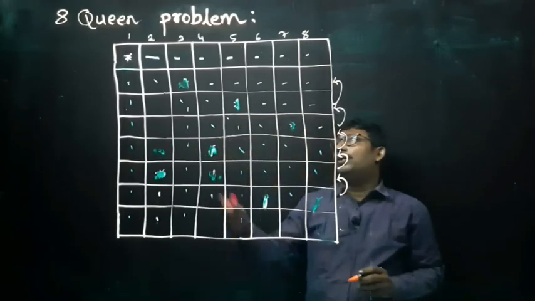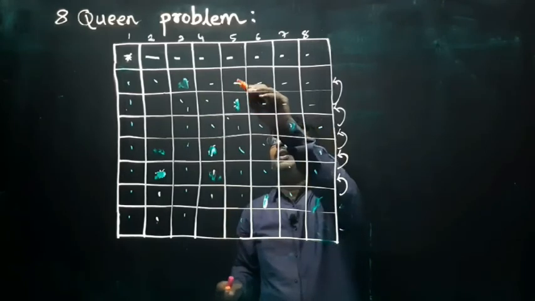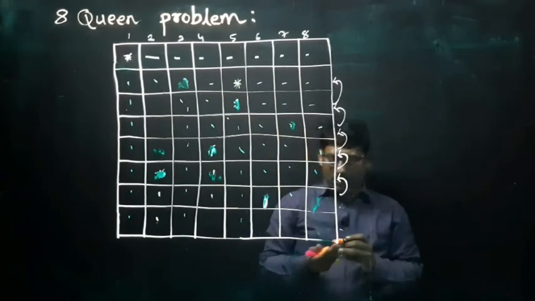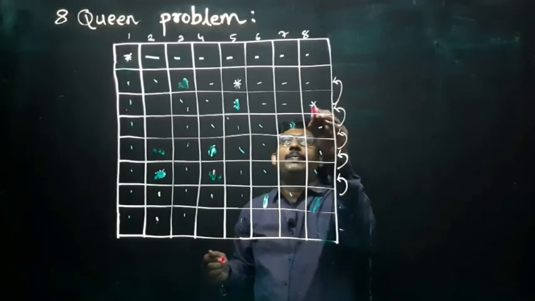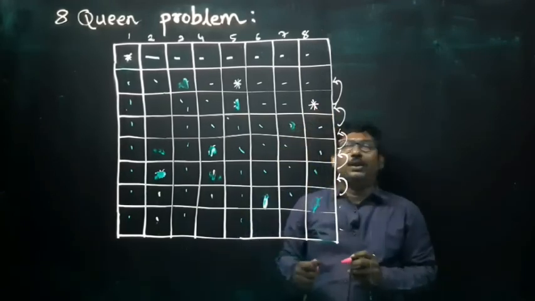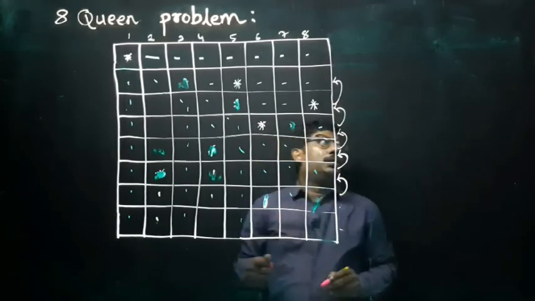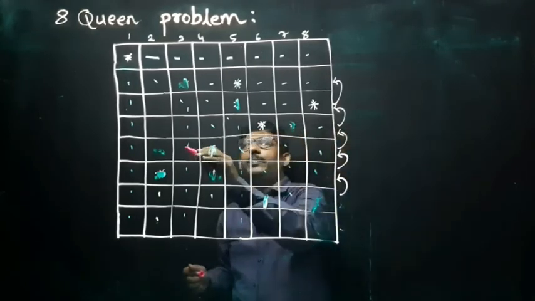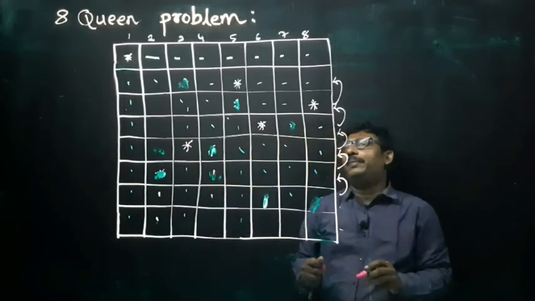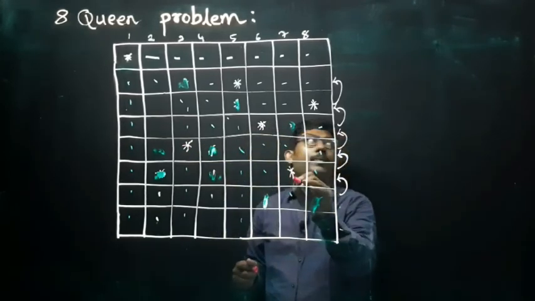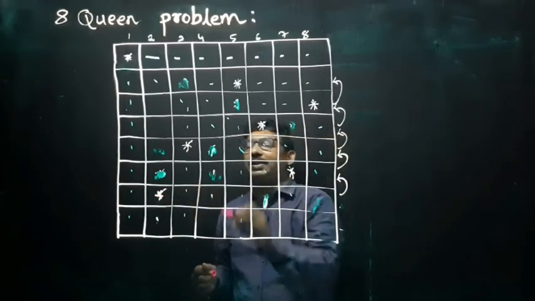So on the first I kept the number, then I will keep here on the fifth, then on the eighth, next on the sixth, then on the third, then on the seventh, then on the second, and then on the fourth.